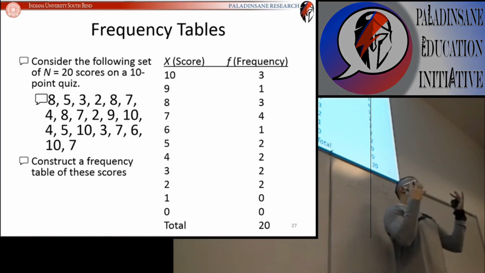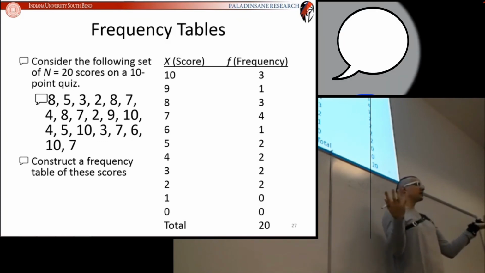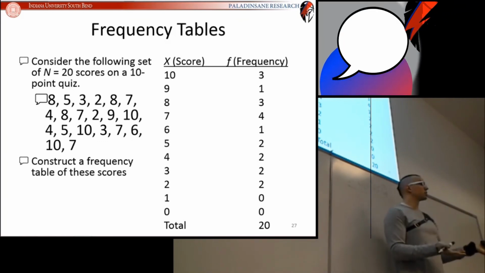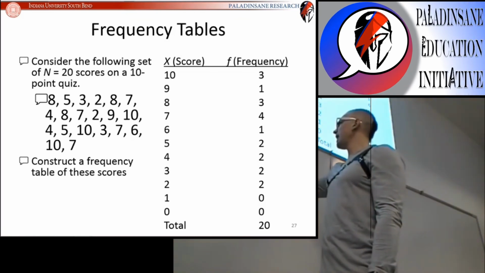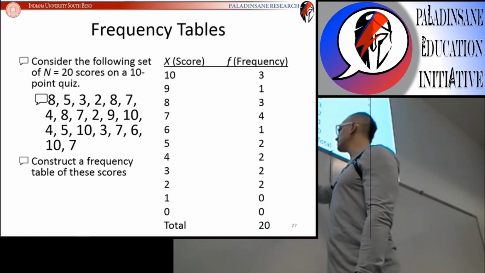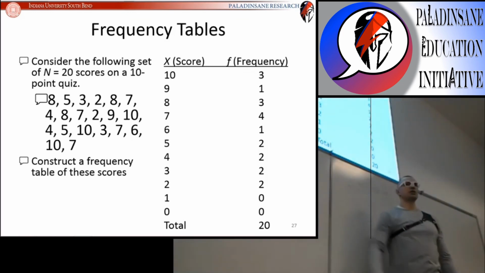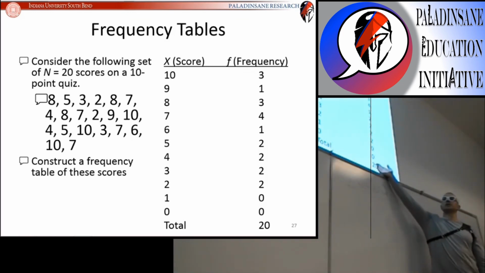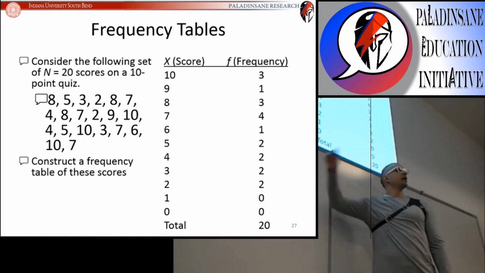One of the classic, very common things that people ask for is the sum of the scores, right? So we just talked about this last time. You could be asked, what is the sum of the scores? Very common question. Given this frequency table right here, what are the sum of the scores?